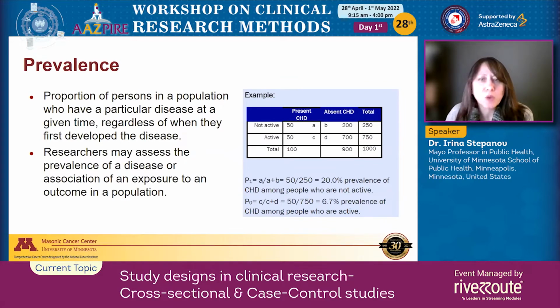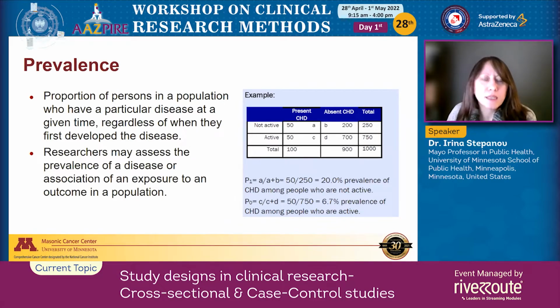So these are people who would be active. So you can see that for those who are not active, prevalence of coronary heart disease would be 50, when disease is present, divided by 250, which is the total number. So you get a 20% prevalence of disease among people who are not physically exercising.